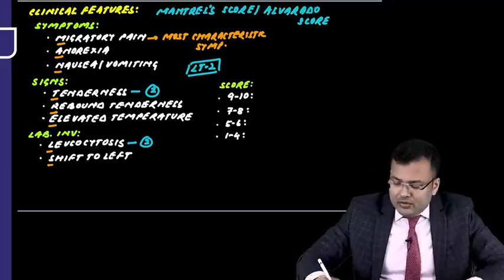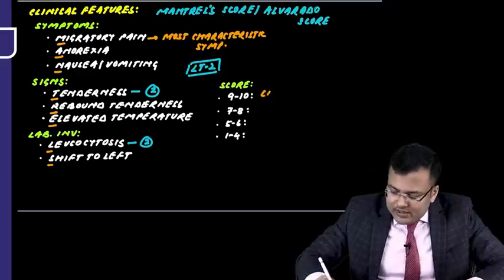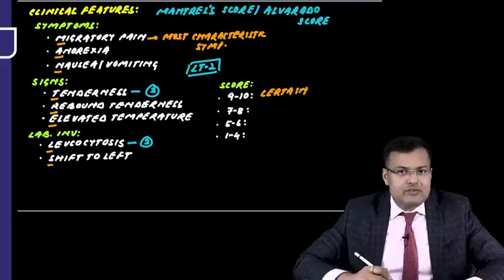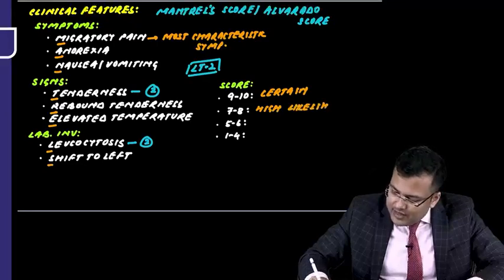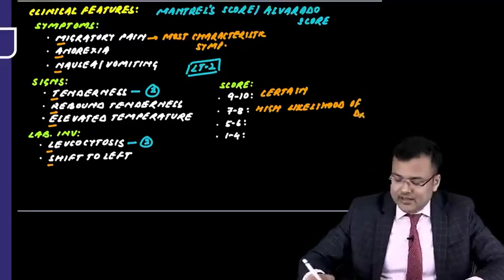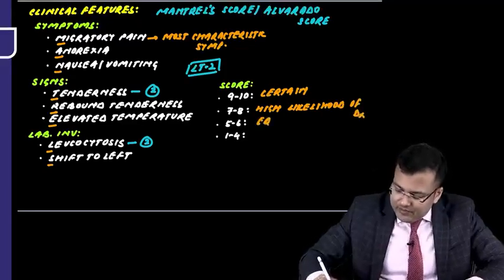See the interpretation. If the score is 9 to 10, it means diagnosis is certain. If the score is 7 to 8, it means there is high likelihood of diagnosis. If score is 5 to 6, it means it is equivocal.